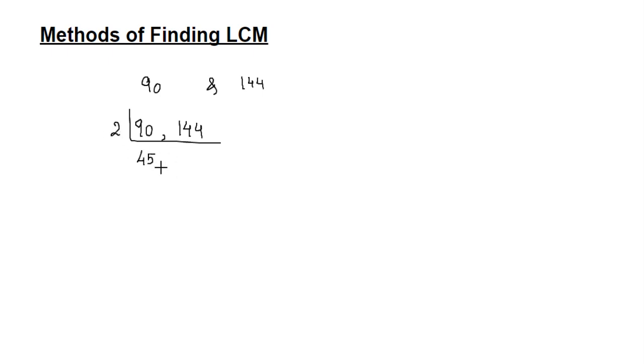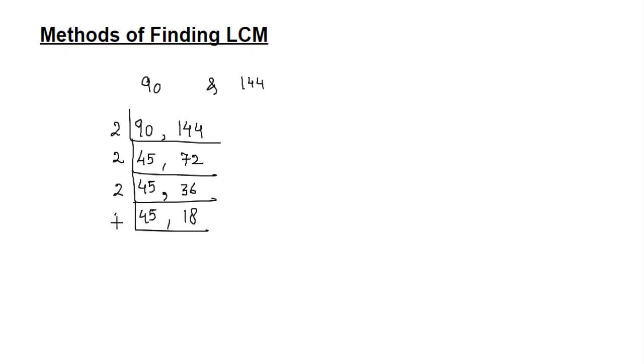So this will be 45, 72, because 72 goes by 2. You have to continue with the smallest one. If a number, like 45, is not divisible, copy it down, and for the rest of the numbers keep dividing. It is still going by 2.